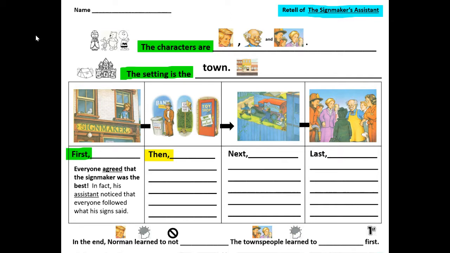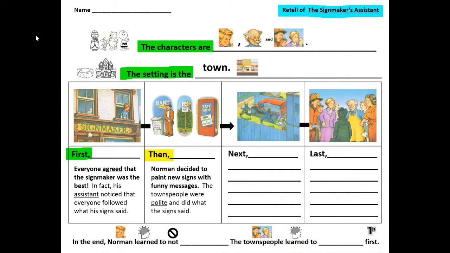Then what did Norman decide to do? Well, Norman decided to paint new signs with funny messages. The townspeople were polite and did what the signs said.